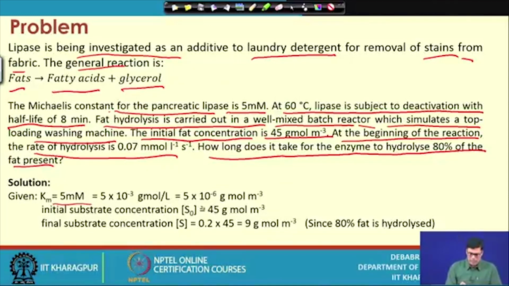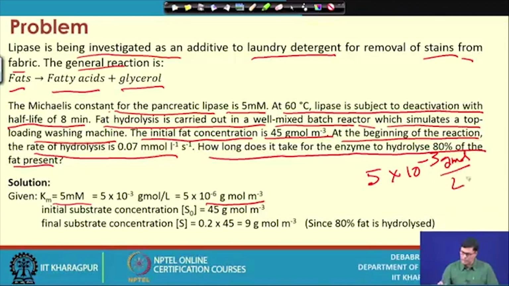We can convert it into kilomole per cubic meter, in this unit. And this conversion, I hope you understand, is 5 into 10 to the power minus 3 gram mole per liter. Am I right? So how do you convert?